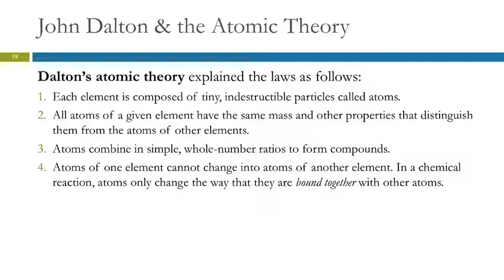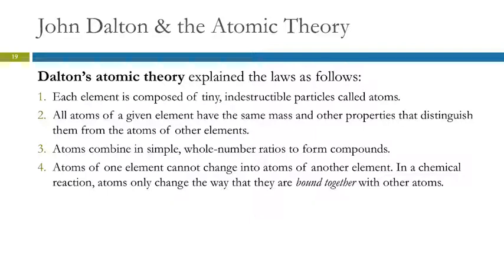Anybody know which ones those are? Number 2. Yeah. All atoms of a given element have the same mass. Okay, that's not quite true. We're going to learn about isotopes. Same element, but they're a smidge different from each other, and their masses are not exactly the same.